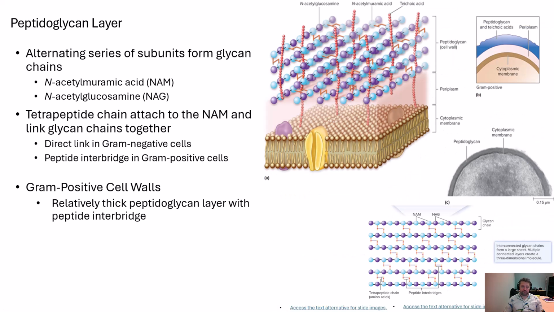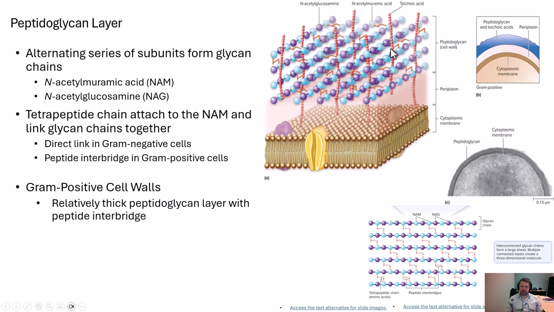So let's look at these gram-positive cell walls. Again, you have that interbridge linkage between NAMs on different chains. Here you have teichoic acid that comes up. This provides an extra layer of protection for the organism. And sometimes you'll have organisms that can communicate using these teichoic acid chains that are moving through the peptidoglycan layer.